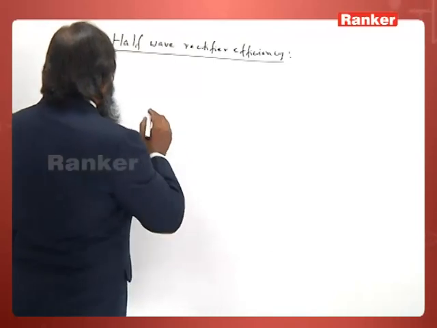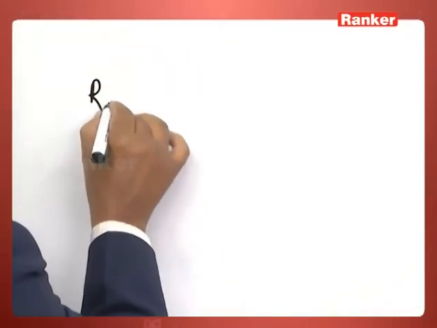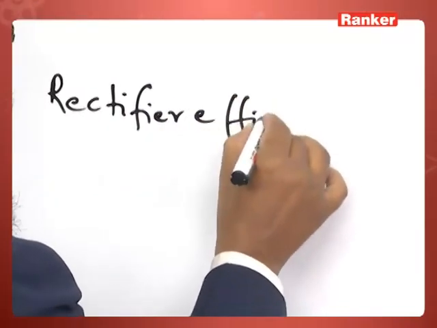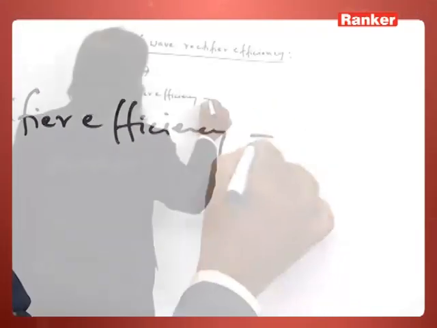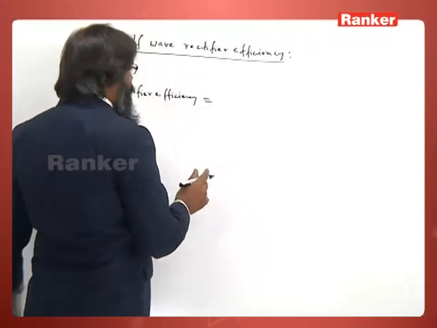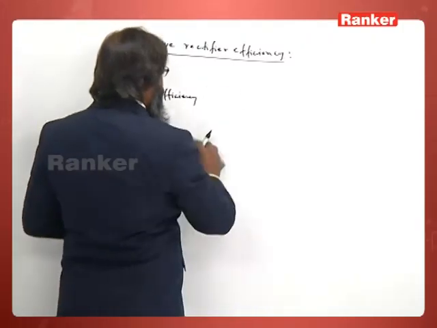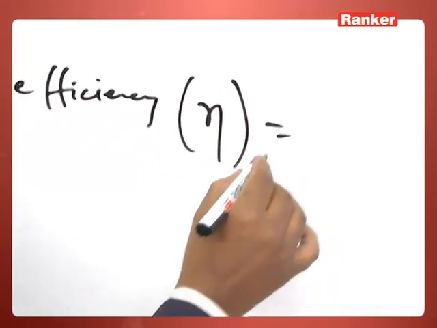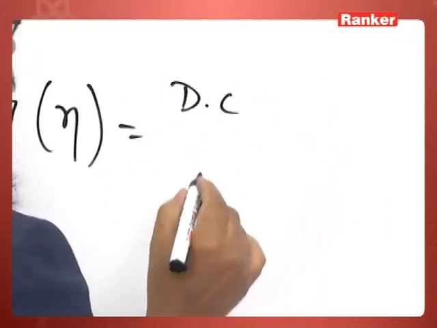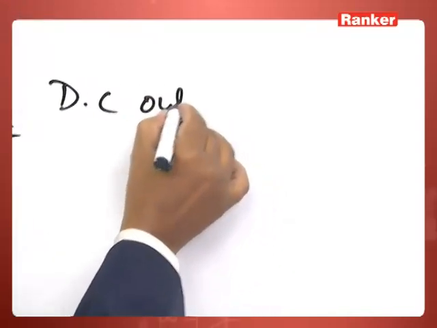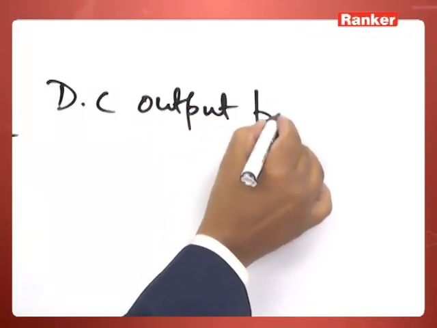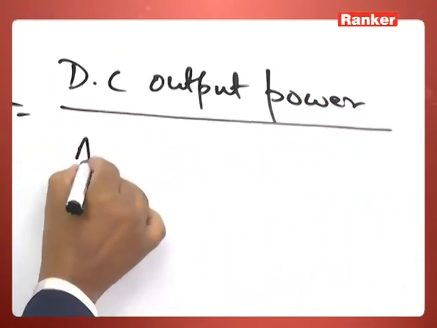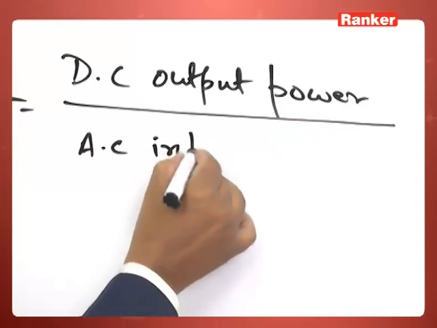The rectifier efficiency, which we will denote by eta, is equal to DC output power upon AC input power.